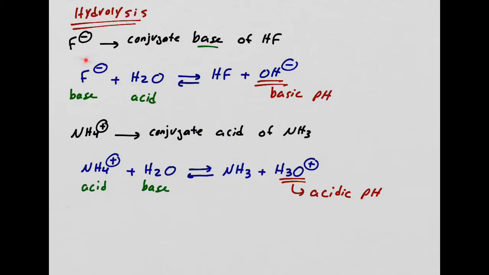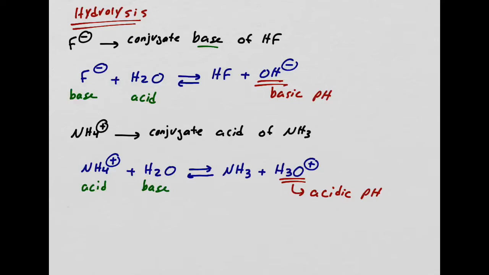As you can see here, if I have F minus in the solution, it can add water, do the hydrolysis, and I end up having a basic solution, right? I end up having OH minus. If I have ammonium, which is a conjugate, it's going to hydrolyze, add into water, and I'm going to end up having hydronium. So I can have an acidic pH.